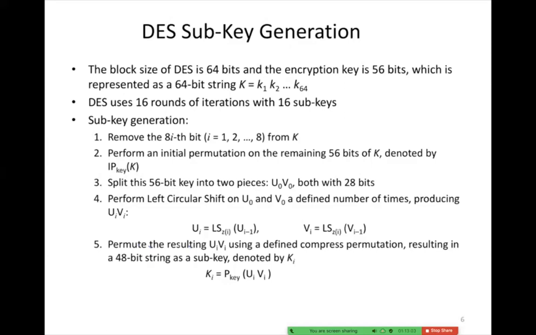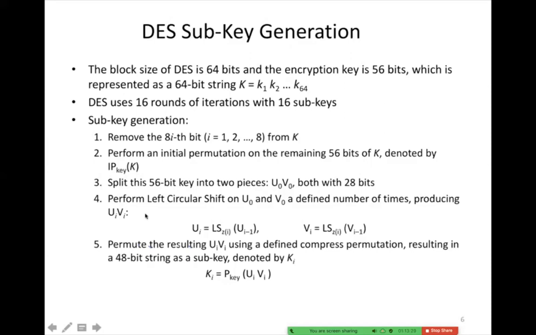Then it splits this 56-bit key into 2 pieces. Each piece has 28 bits. So U0 is the first half, V0 is the second half. U0 has 28 bits, V0 also has 28 bits.